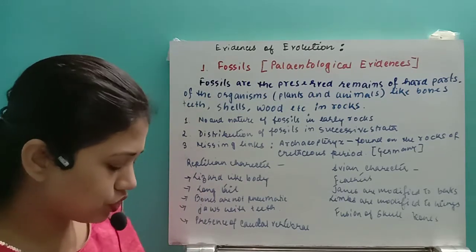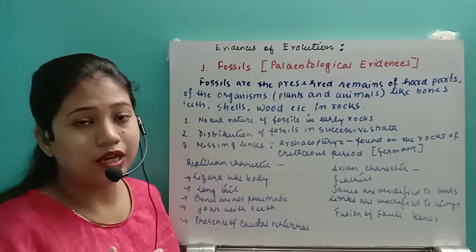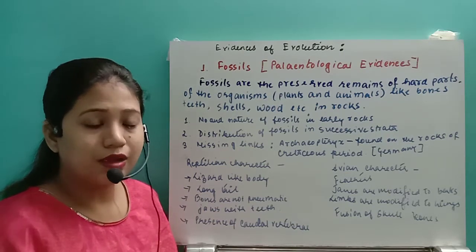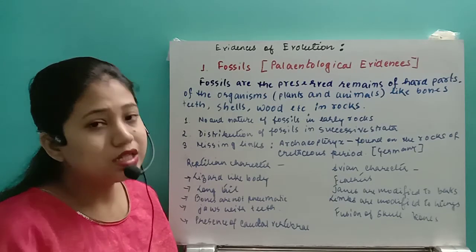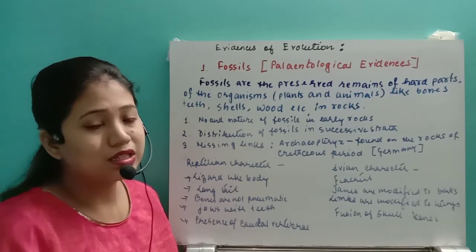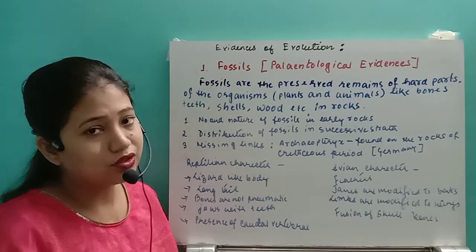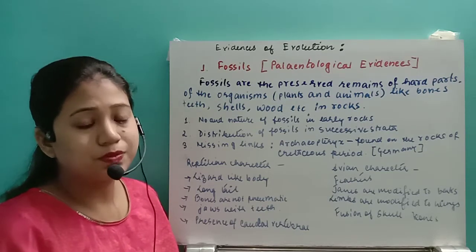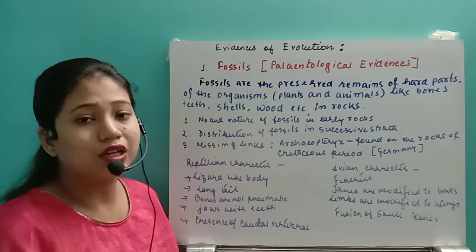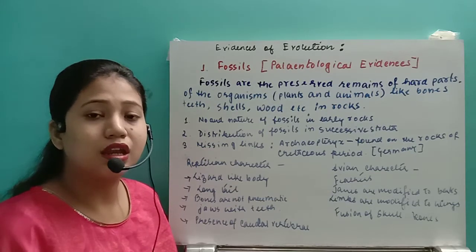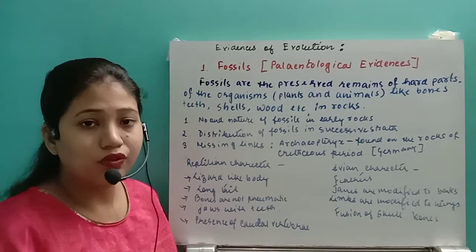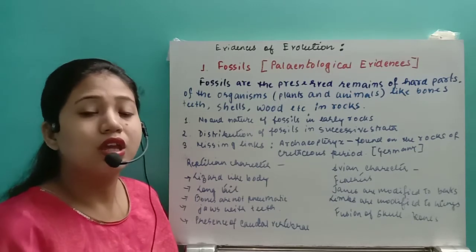So what is the evolution of life? From the time of origin till now, are the organisms existing with the same structural and morphological characteristics? No. A number of species underwent a number of changes in their body structure, in their morphology, the shape, structure, and a lot of things.